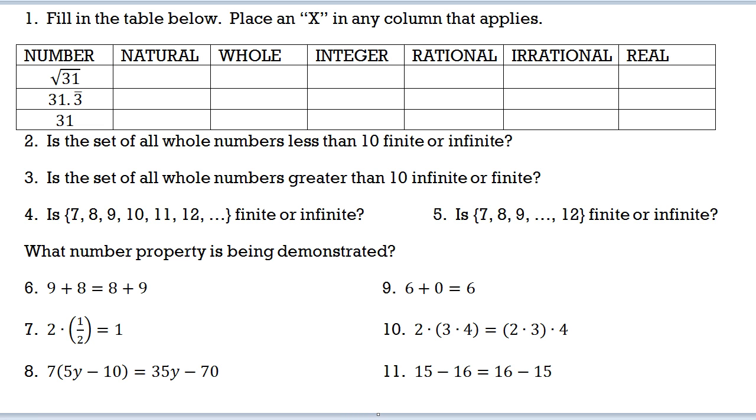It's going to be a little bit closer to 6, but I don't know exactly what it is. And anytime you have a square root that doesn't work out perfectly, it is automatically irrational every single time. Now, it's also real because they're all real. In fact, we could just put in the x's right here and just get that over with. All right, looks good to me.